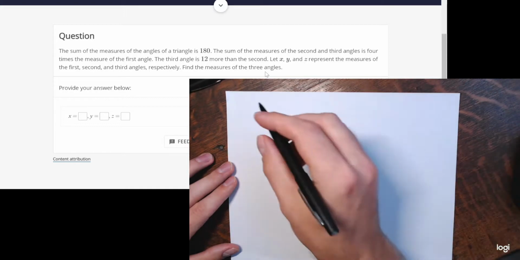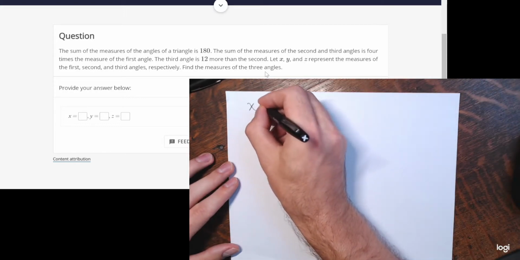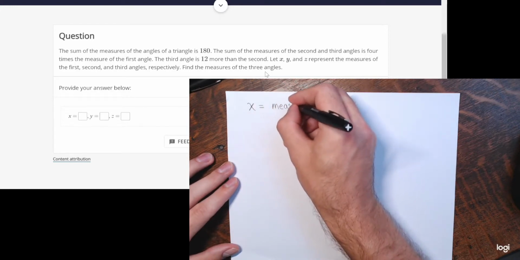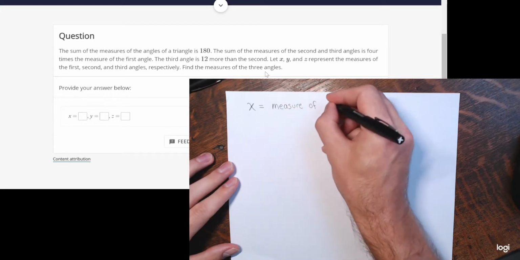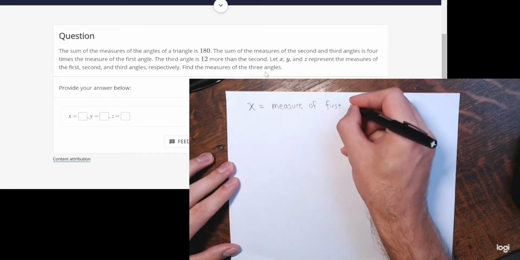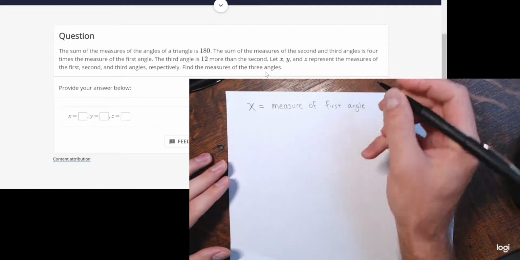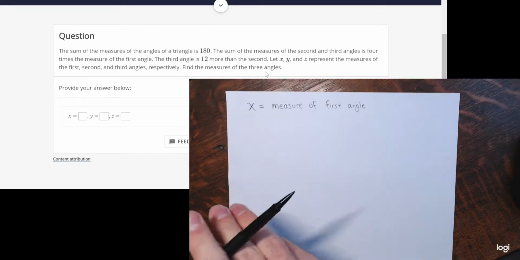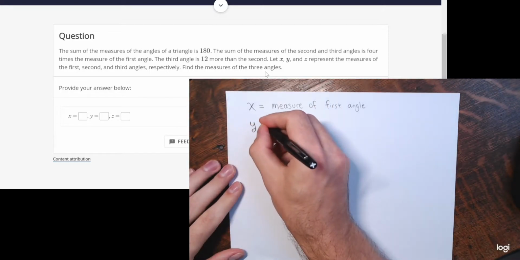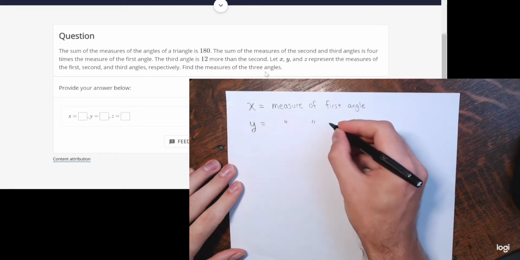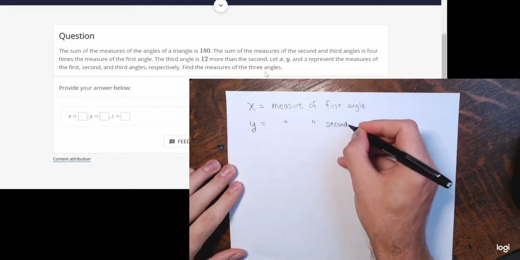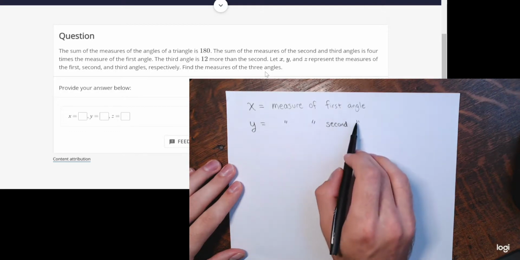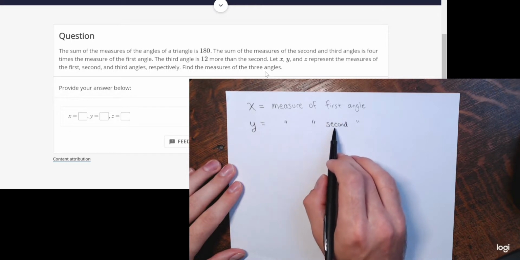So again, they're saying let x represent the measure of the first angle, and they told us to have y represent the measure of the second angle. I hope you've seen the ditto marks before. That just means I'm writing the same word again below it. Measure of second angle.